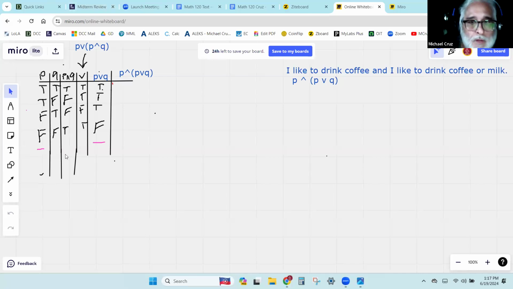Okay, so we're looking at the two underlined in red, and we're using "and" now, to put together this one and that one. So true, true, false.